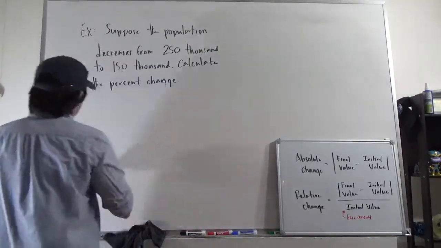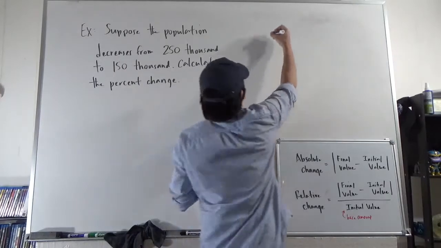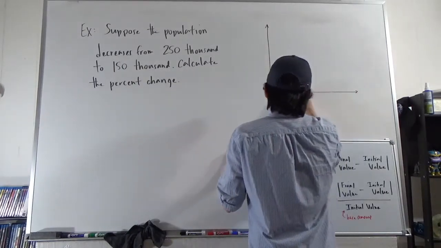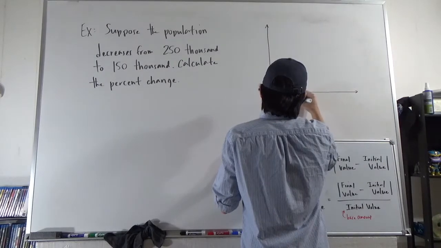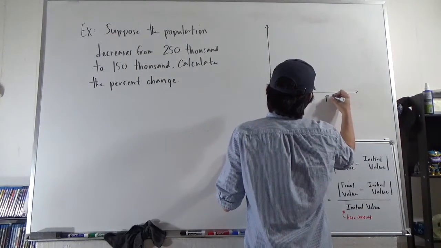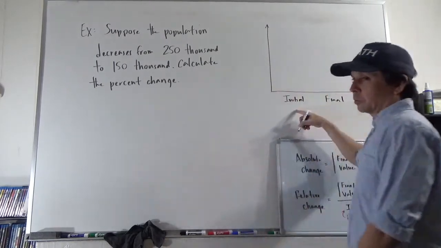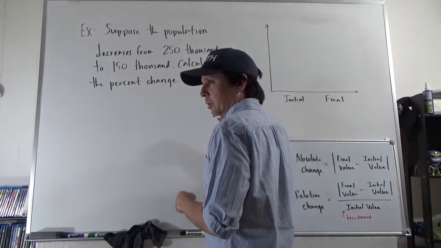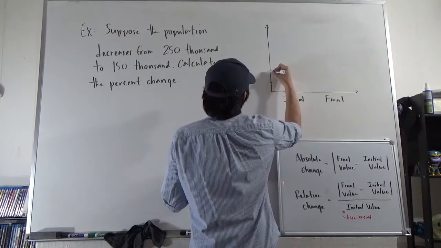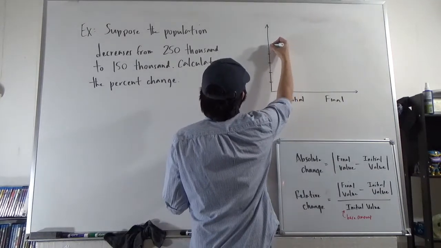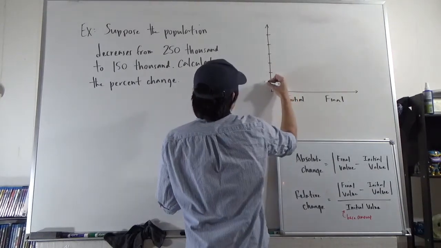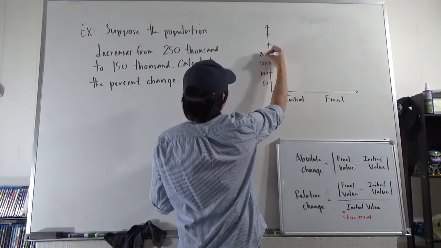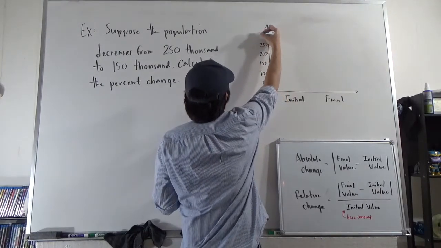Real quick, the graph. I'm going to put it up here again. You have it in your notes. I don't know if you want to reproduce it. And again, I'm going to label it a little bit different. This is our initial or base amount. This is our final instead of 2020 and 2021, but same idea. And I had it in 50s, right? 50, 100, 150, 200, 250, 300.